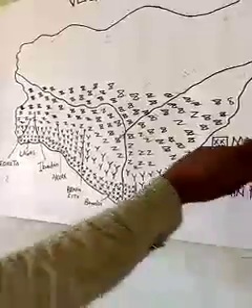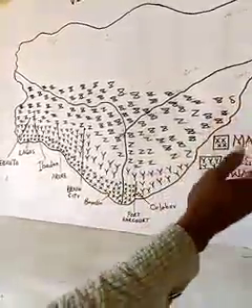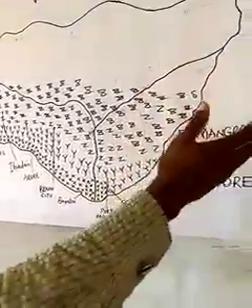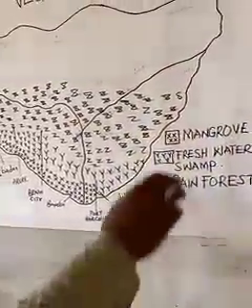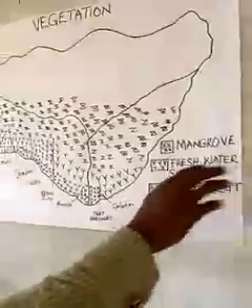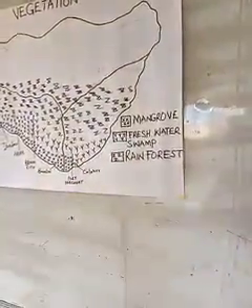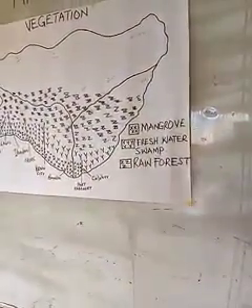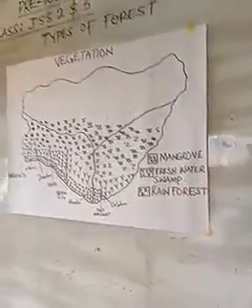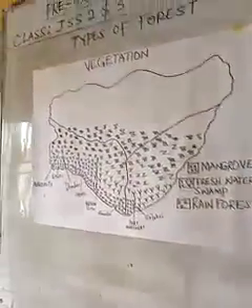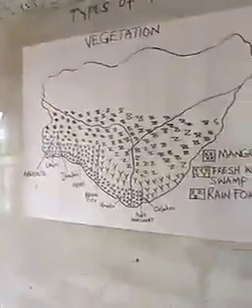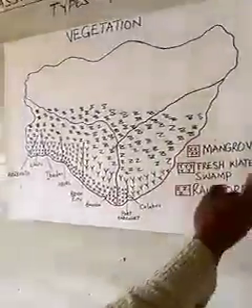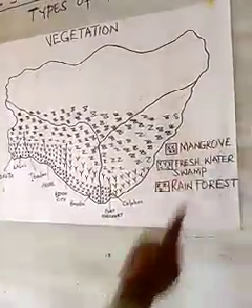Then let's quickly look at freshwater swamp. This one has something in common with mangrove forest, because the soils in freshwater swamp are saturated with water. They are waterlogged areas. You understand? The land is covered by water. So they have similar characteristics with mangrove forest.